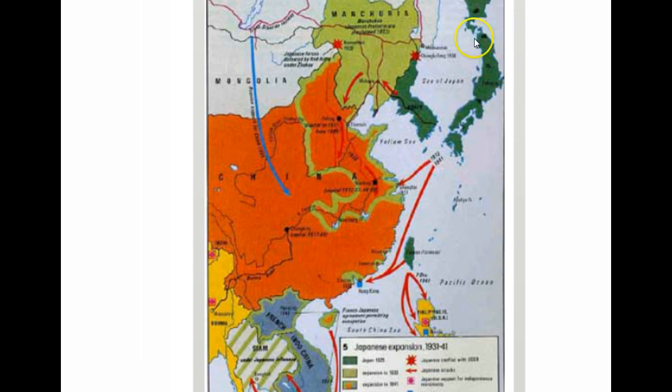Here's Japan in green, in the area I'm moving, the island chain that I'm going up and down here. They moved into Korea in 1905 and had occupied Korea for quite some time. Moving into Manchuria gives them a supply of iron for steel for their economy. They will move in and occupy China and areas in Southeast Asia, which include oil supplies, also very important for a modern industrial economy.